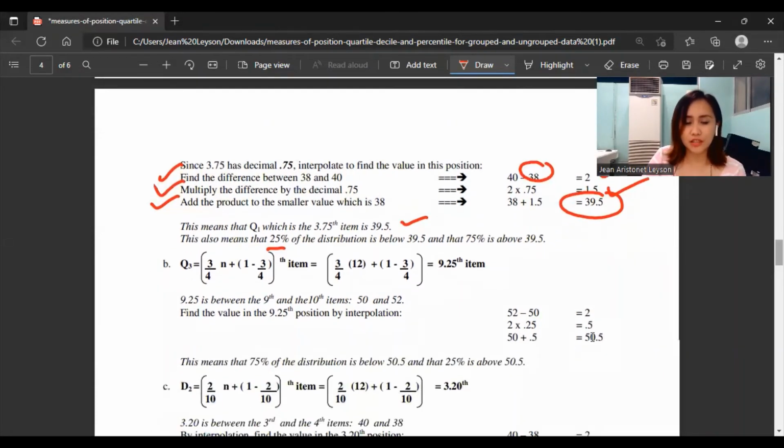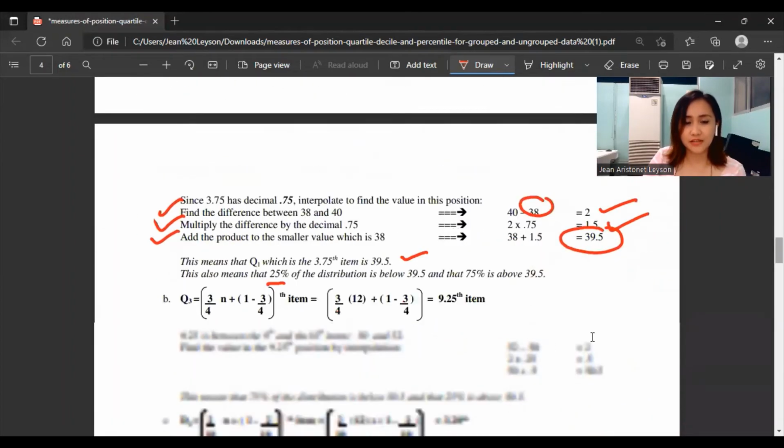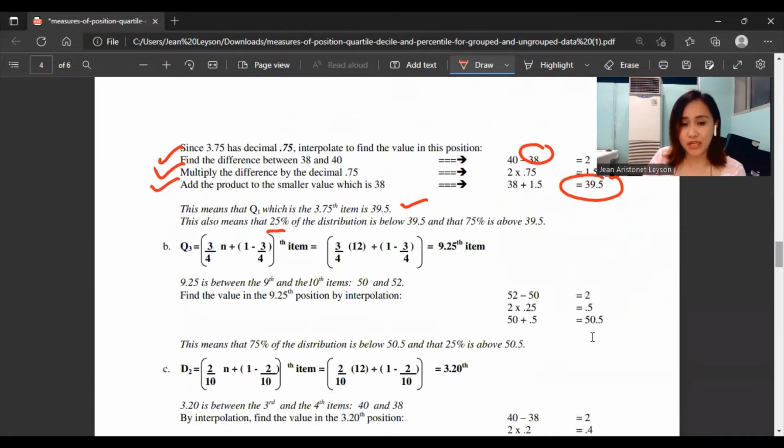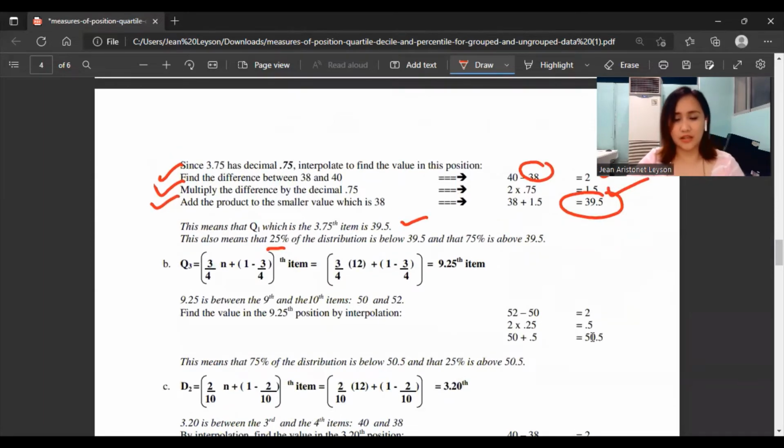Another example, still the same set of data. Let's solve for Q sub 3 or the third quartile. So simply substitute i with 3 because we are solving for the third quartile. Then our n is still 12, since the data in our distribution is 12.